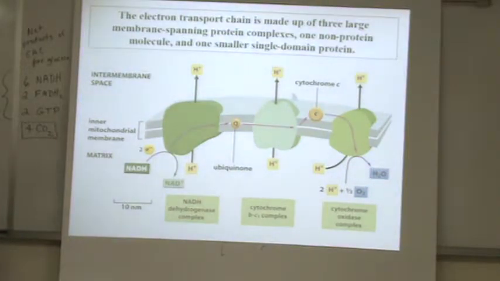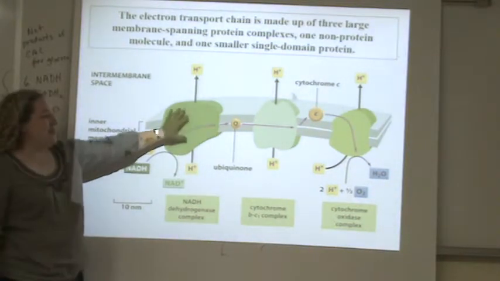So one of the things that you have to memorize for your test next week, and the reason I wanted to go ahead through this today, is I want you to memorize the names and the order of the components of our electron transport chain in people. And there are 5 components.